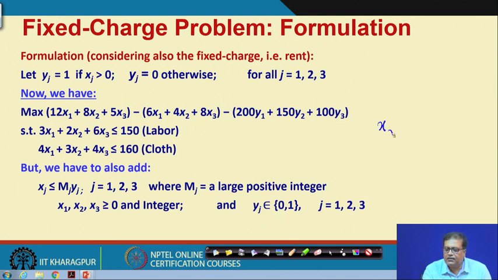Supposing xj is less than or equal to mj yj, where mj is a large number. Let us say xj equals 1, an integer number other than 0. So, if xj equals 1, what will be the possible value of yj?